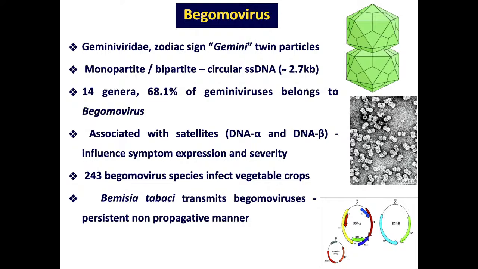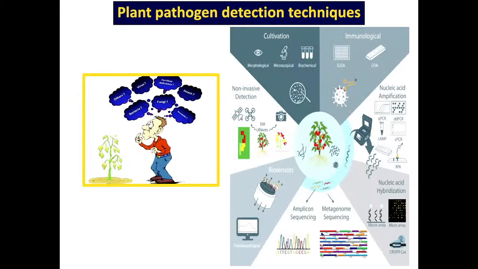Delta is also there, but we predominantly get only alpha and beta satellites. There are about 243 begomovirus species infecting only vegetable crops among the horticultural crops. And Bemisia tabaci whitefly transmits the virus in a persistent, circulative, but not propagative manner.